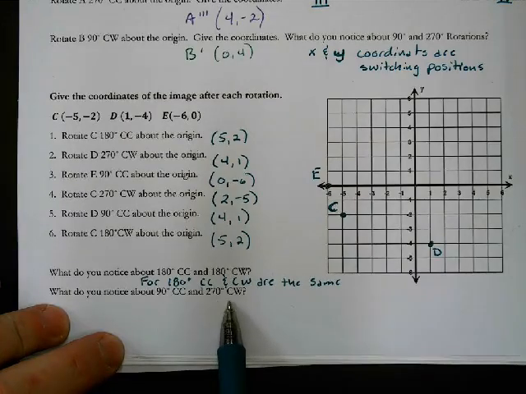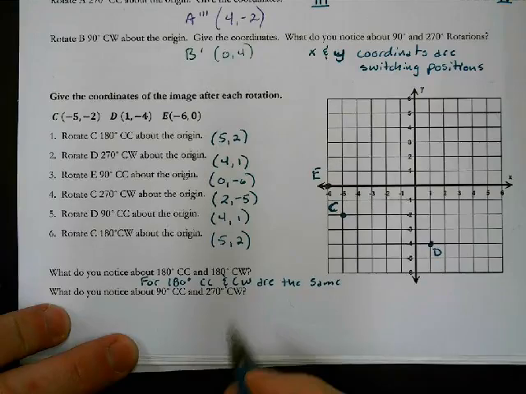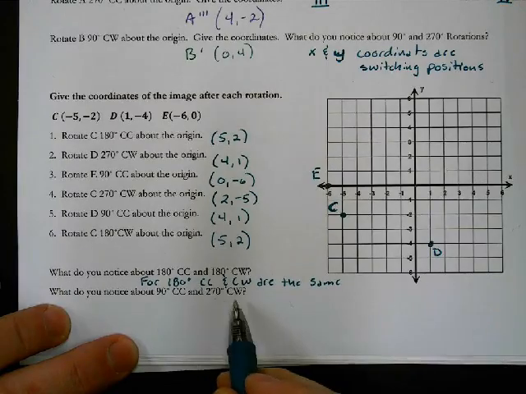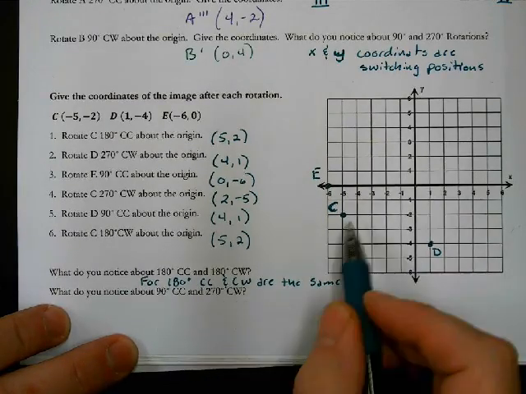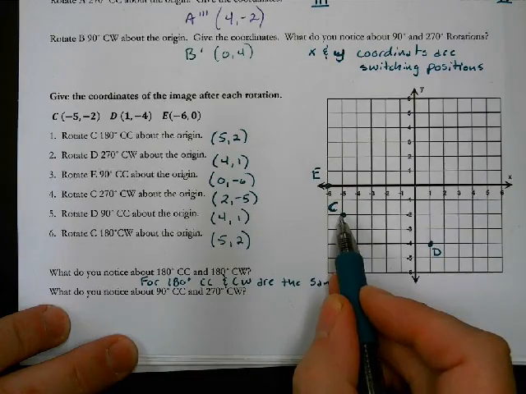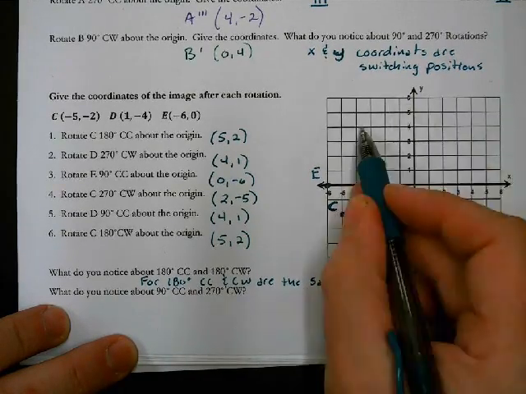You know what I meant. So anytime that we've got 90 degrees in one direction, it's the same as 270 in the other. If I took C and went 90 in this direction, all I would have to do is 1, 2, 3. I would have to go 90, 180, 270 in the other direction to get in the same spot.